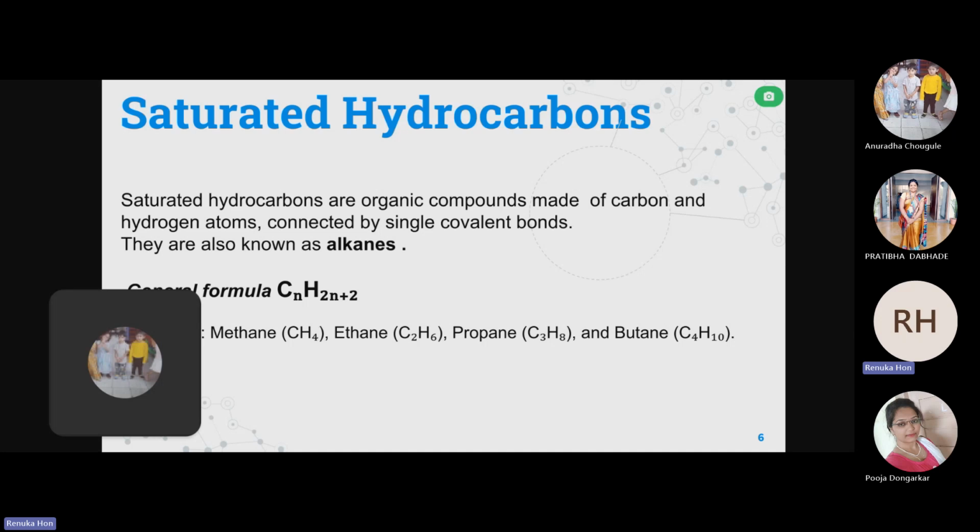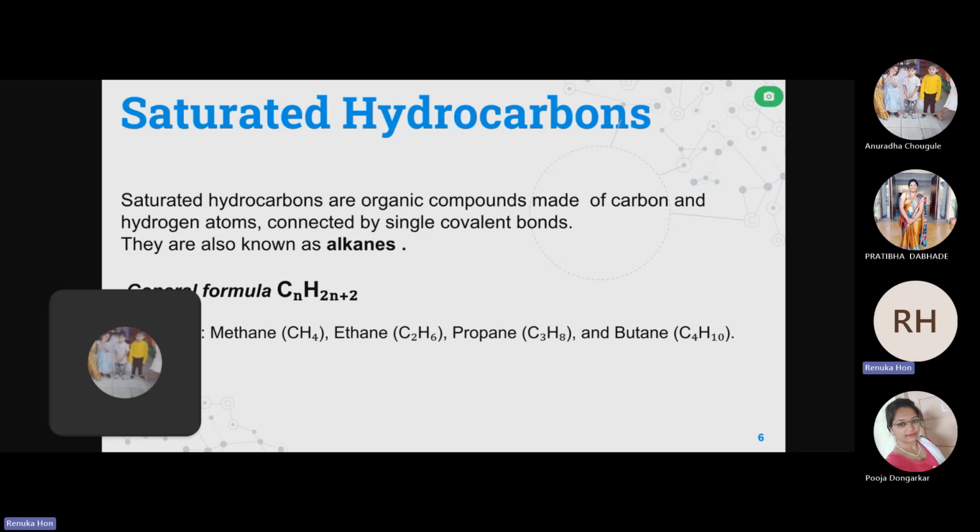Then examples of saturated hydrocarbons are methane, ethane, propane, butane, and a number of others. So these all are saturated hydrocarbons. All alkanes are called saturated hydrocarbons because they contain only single bonds, carbon-carbon or carbon-hydrogen. Carbon-hydrogen is always a single bond, but carbon-carbon may be a double bond or a triple bond.